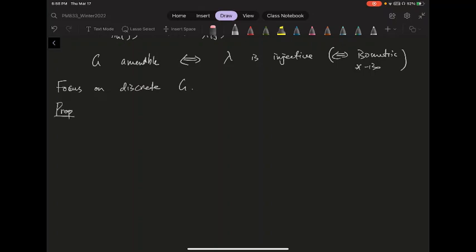So the main theorem we're going to prove, dividing the proof into several steps, is the equivalence of the following statements. The first one is: G is amenable. And it's equivalent to the following.